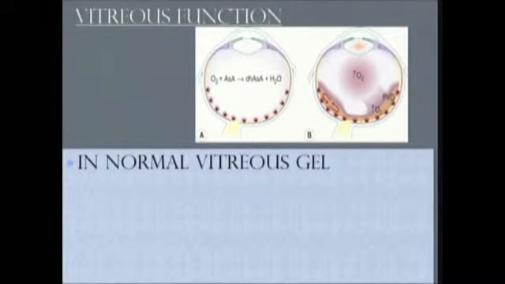If there is extra oxygen diffusing into the vitreous, it reacts with the ascorbic acid, leading to dehydroascorbic acid plus water. But when there is posterior vitreous detachment, there will be space for the roaming of oxygen, and if there is extra oxygen diffusing into the vitreous, it's beyond the capacity of ascorbic acid to react with it, so it can cause cataract formation.